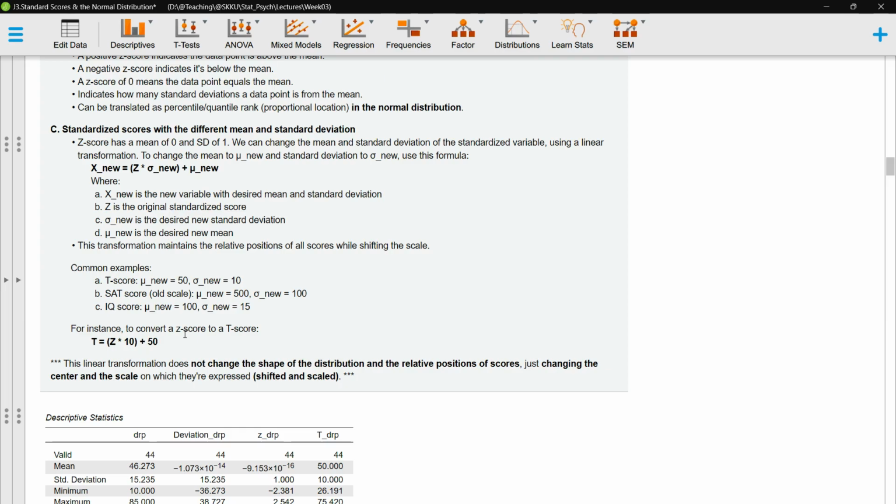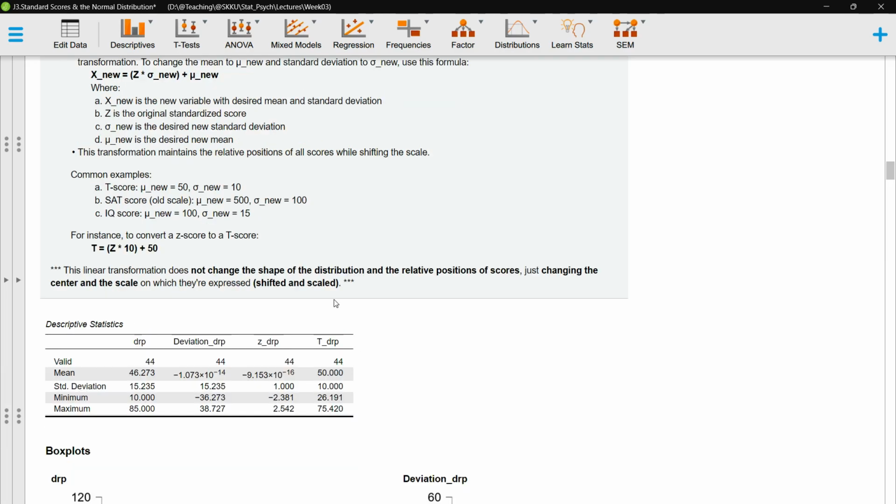This transformation maintains the relative positions of all scores while shifting the scale. That means this linear transformation does not change the shape of the distribution or the relative positions of scores. It just changes the center location and the scale of the dispersion. So we call this type of transformation shifted and scaled.